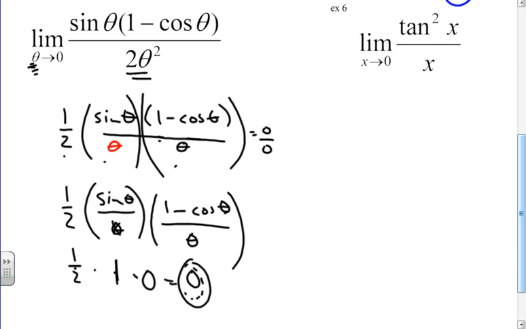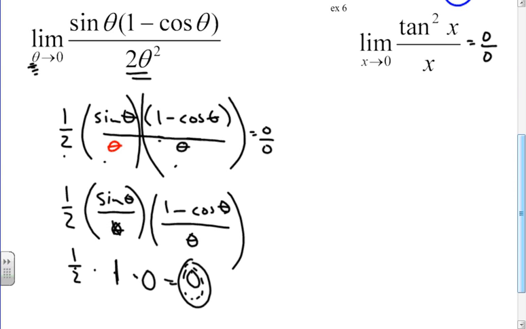Once we have a little donut, put some glaze and sprinkles on there, and we're good to go. A little bit more complex, but using properties and limits that we know, we can separate that and solve. The final one, we have tangent squared of x over x. Plug in 0. Well, tangent of 0 is 0 over 0.